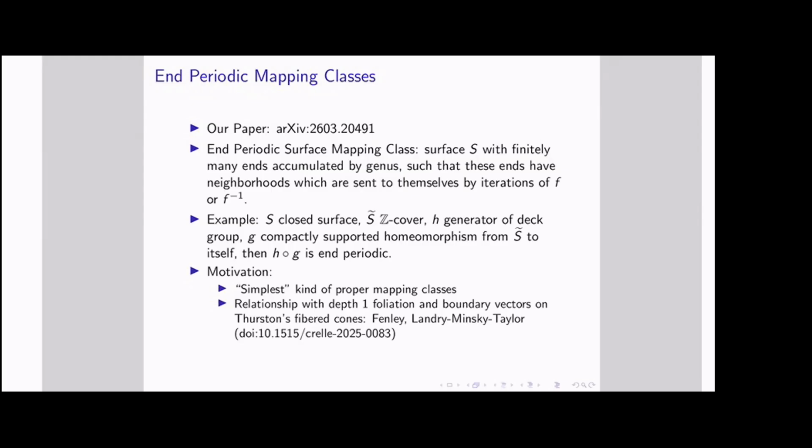And once we have a mapping torus, we can consider the different horizontal copies of the surface. Those are two-dimensional leaves. Those foliate the mapping torus by two-dimensional leaves. But each of these leaves is going to accumulate towards these cylindrical ends as we travel towards infinity in either direction.